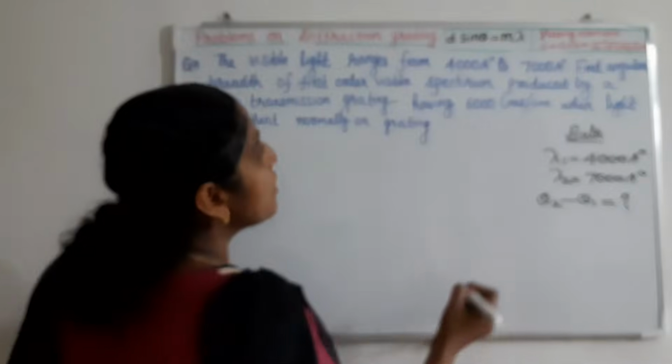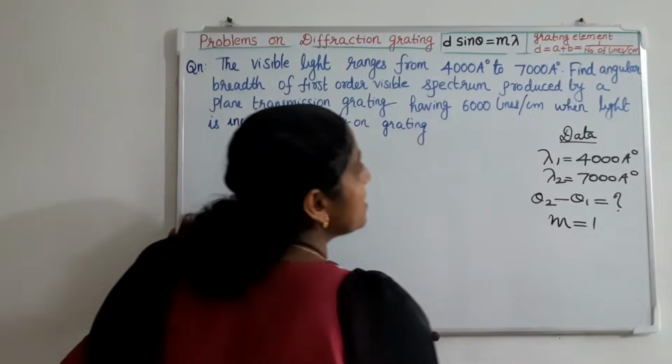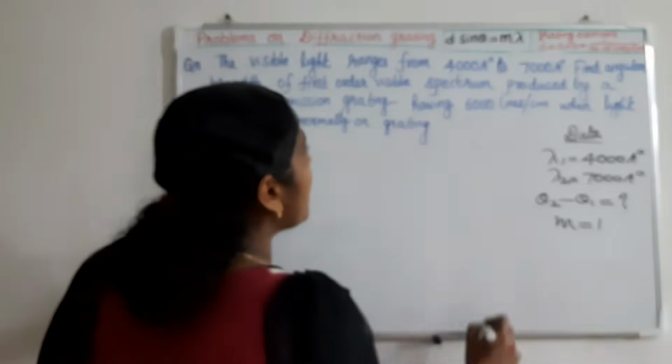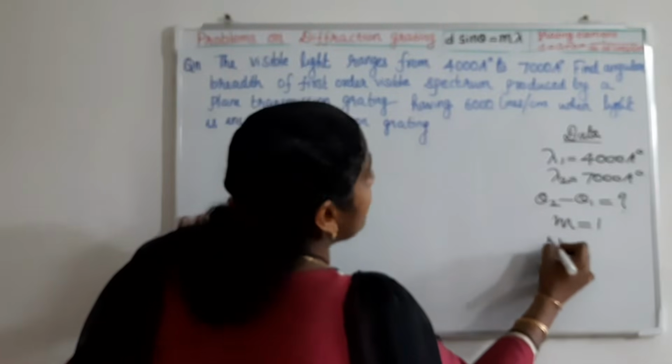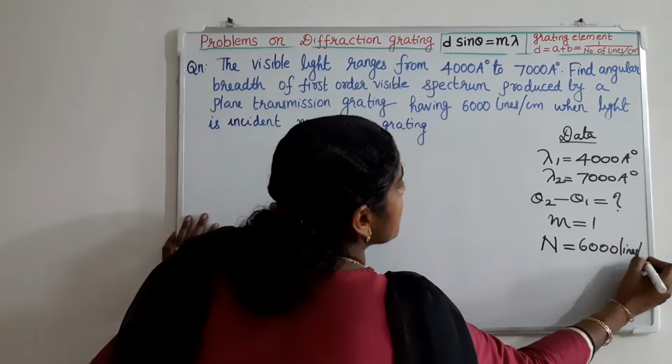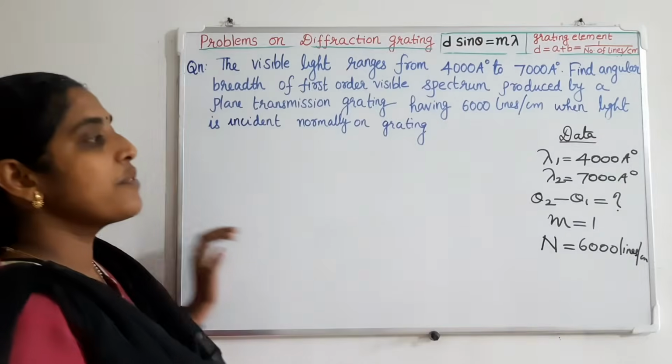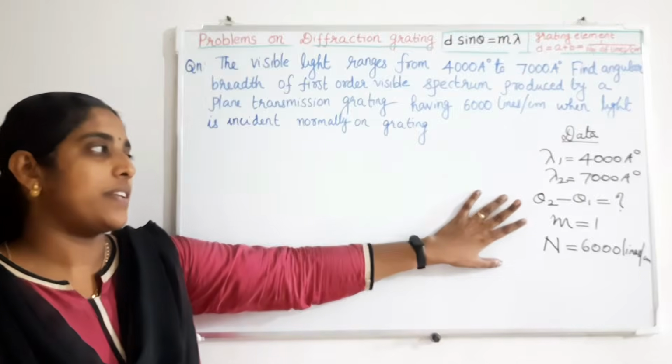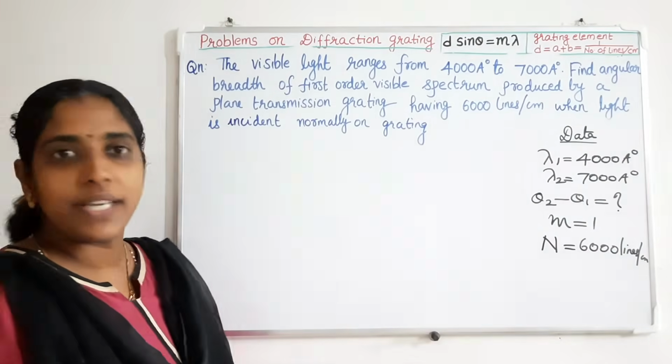For the first order visible spectrum, so order m is equal to 1, produced by a plane transmission grating having 6000 lines per centimeter. So we want to find out the angular separation, that is angular breadth theta 2 minus theta 1.